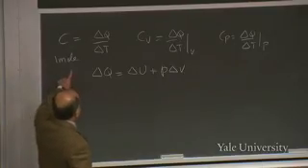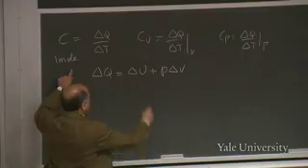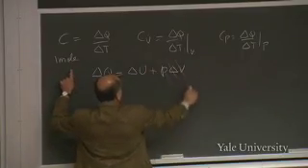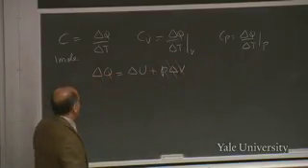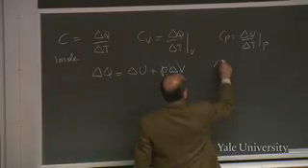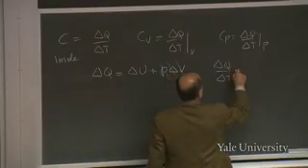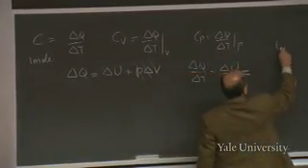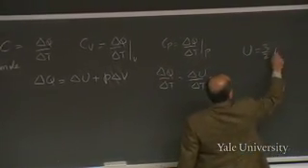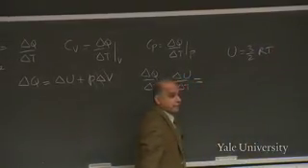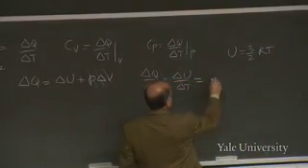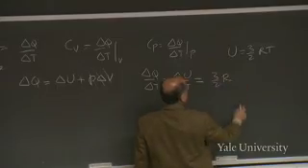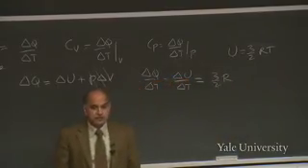In the first case, at constant volume, there is no P delta V term because delta V is 0. Therefore, delta Q over delta T is equal to delta U over delta T. And for 1 mole, you remember U is 3/2 nRT, but n is 1 for 1 mole. So dU/dT is a simple derivative of this function with respect to T, which is 3/2 R.